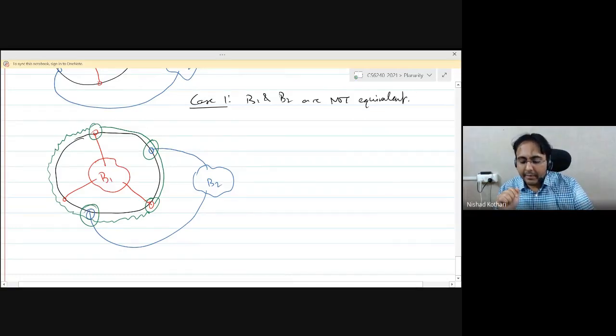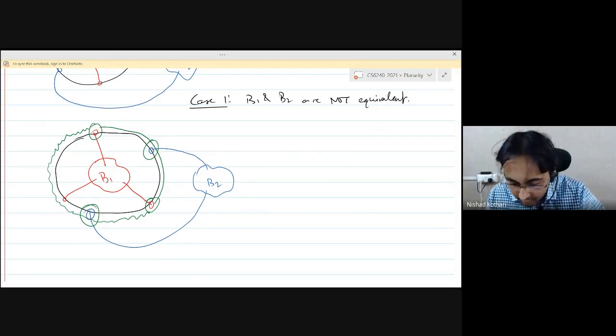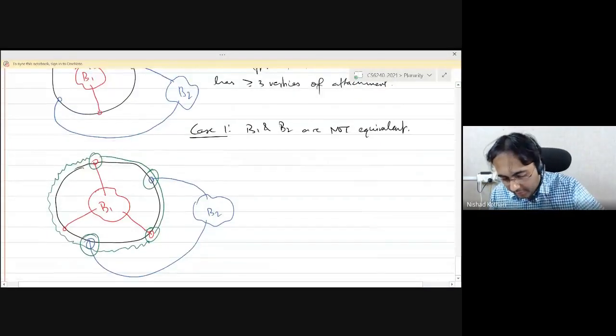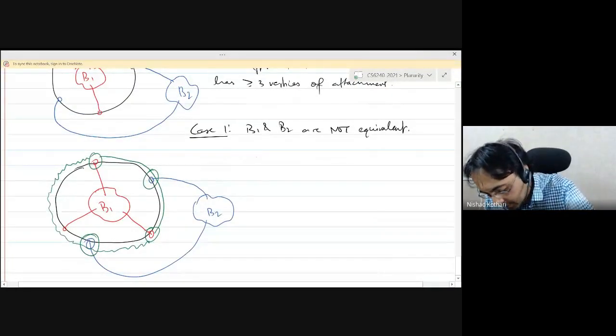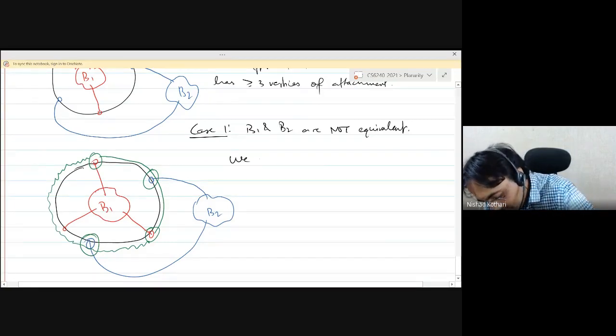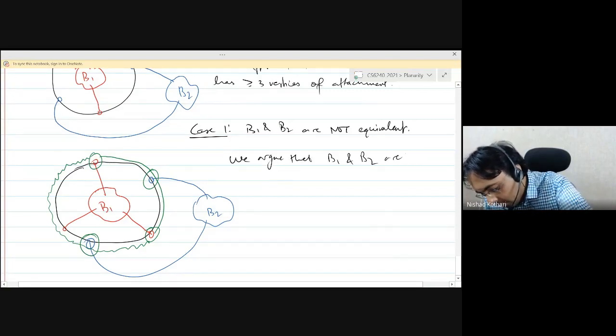And now you see that B1 and B2 are skew. Okay. So in this case, I'm not writing down the whole argument. It's there in the text. We deduce that, or we argue, that B1 and B2 are skew.